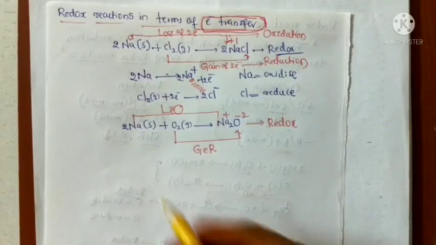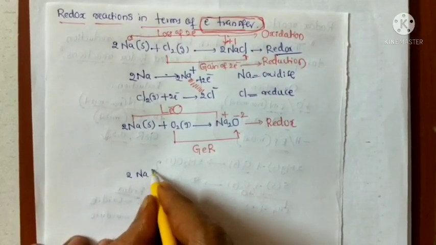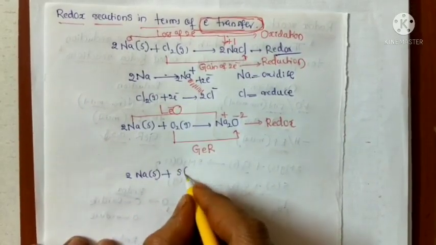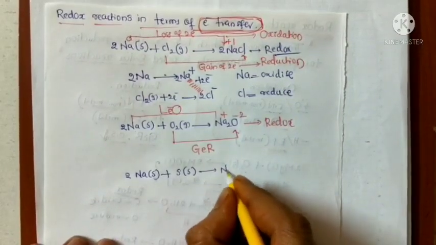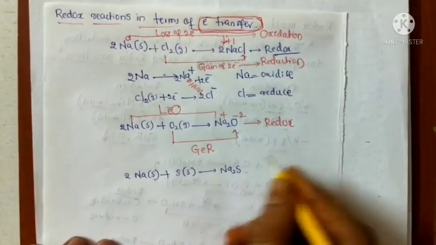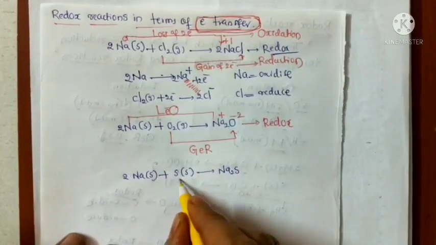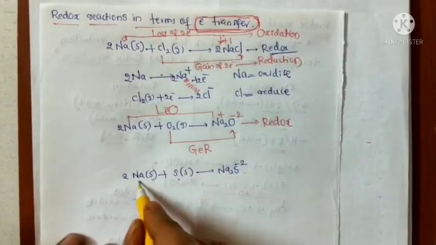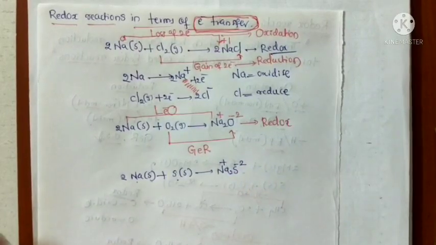Next, another example: take 2 moles of sodium plus sulfur to form sodium sulfide, Na2S. Here the oxidation state of sulfur is 0, but it is converted into S minus 2. Sodium is 0, but it is converted into Na plus.